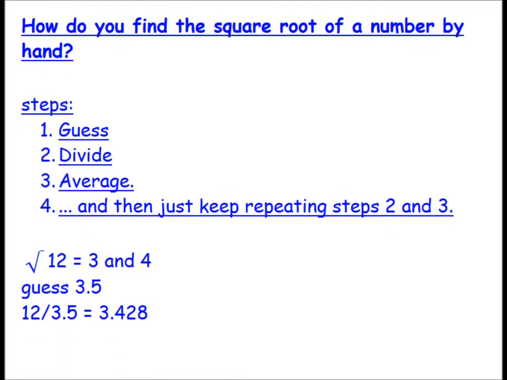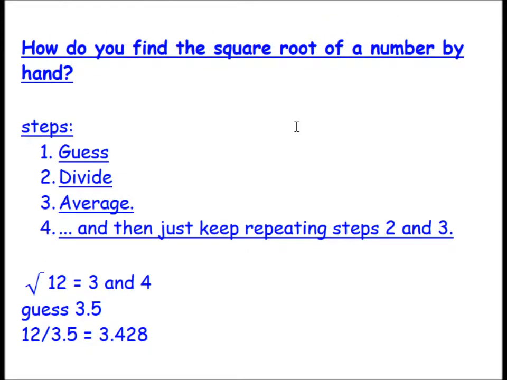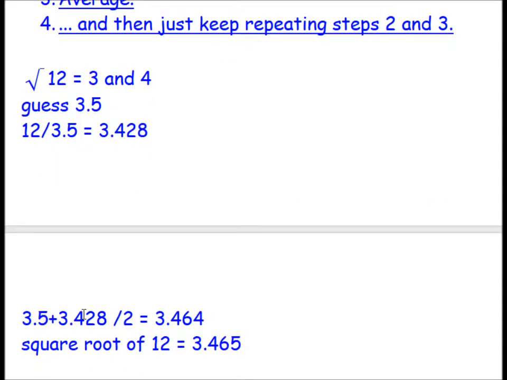So remember the steps to find the square root of an irrational number, which is a number that is not a perfect square. First we guess a number, which we can do by finding the two numbers between which the square root lies, and then guessing a number in between. Whatever number we guessed, we divide the original number by it, and then we calculate the average of the guessed number and the number we got after dividing.